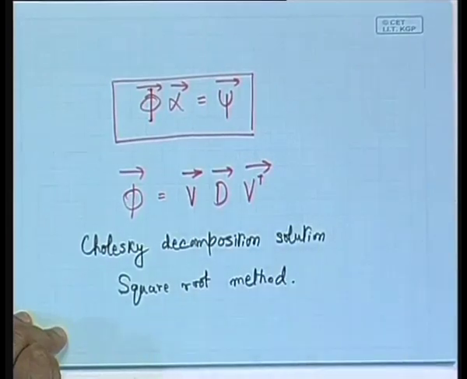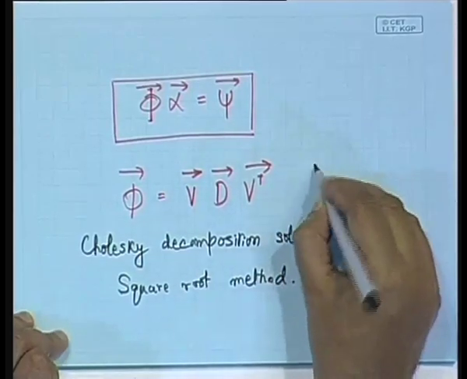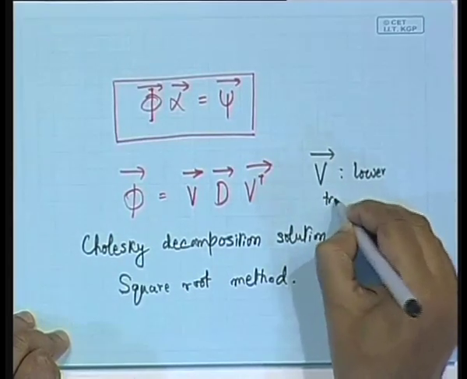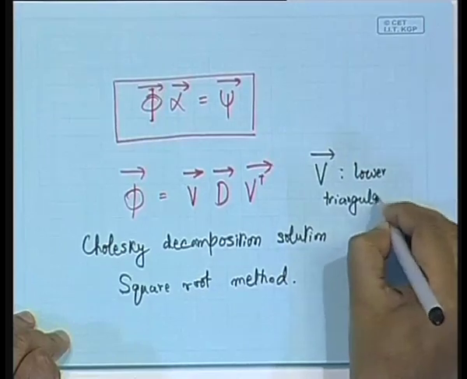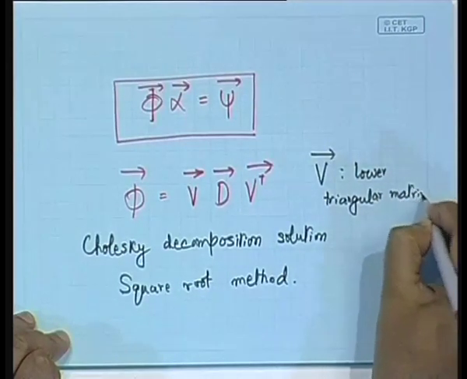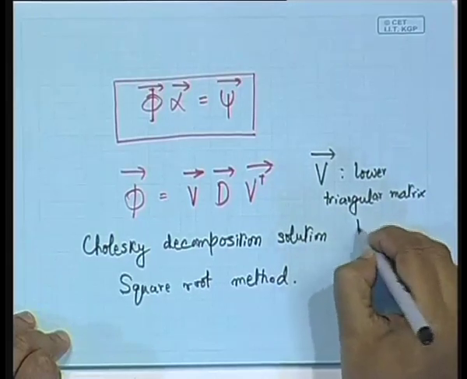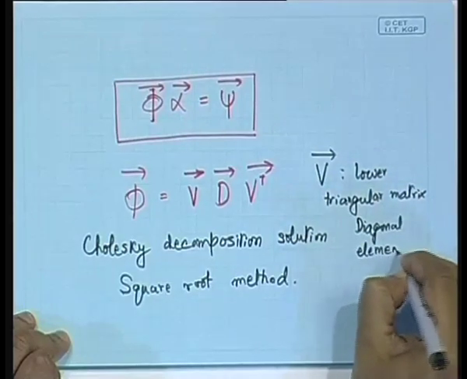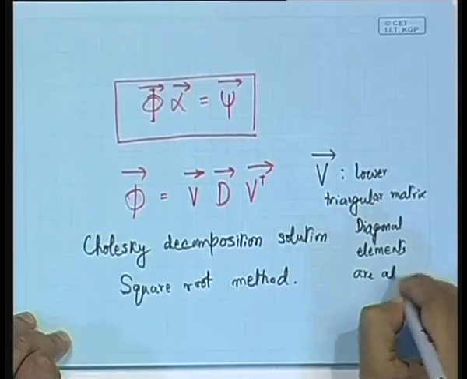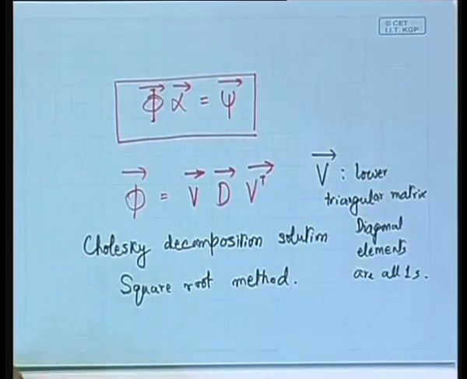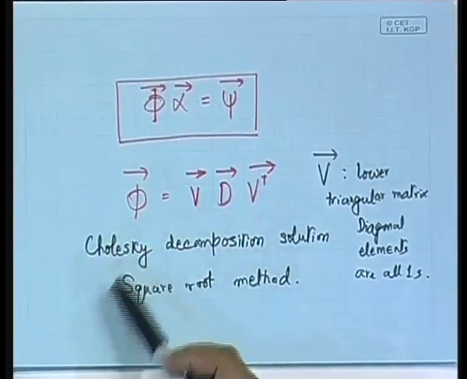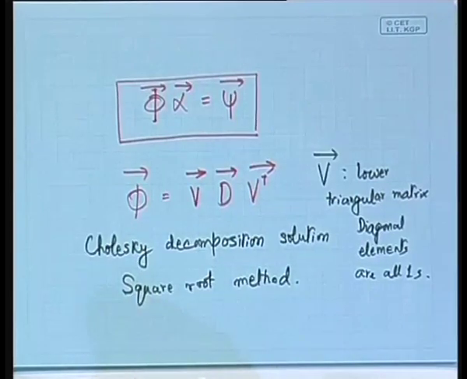Sorry, V is actually the lower triangular matrix, whose diagonal elements are all ones. So we will be making use of this phi in order to solve this basic equation.